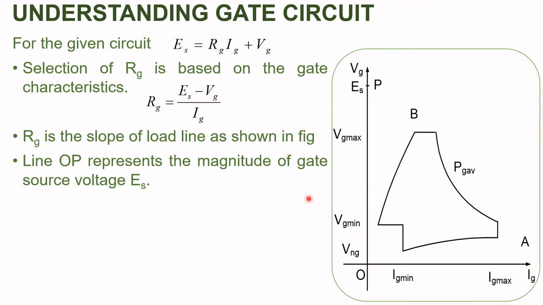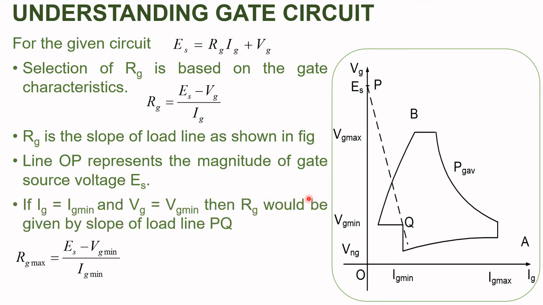In the figure, line OP represents the magnitude of gate source voltage, that is ES. Now if our operating point is Q, that means Ig = Ig minimum and Vg = Vg minimum, then substituting these values in the equation of Rg, we get Rg maximum = (ES − Vg minimum) / Ig minimum.